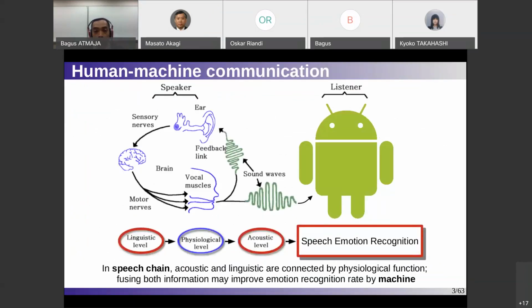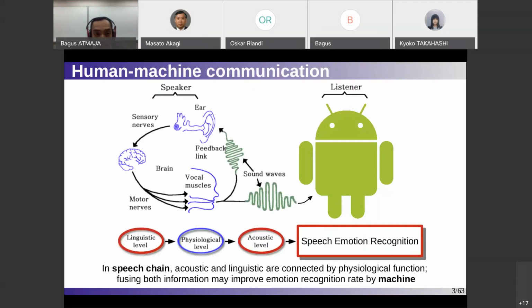For the background of my research, I will show you two figures. First is human-machine communication. In this figure, the left part is the speech chain of a human listener, and the right part is a robot or machine as listener. In speech, we want to convey a message from speaker to listener. The message includes emotion, and the process starts from our brain.